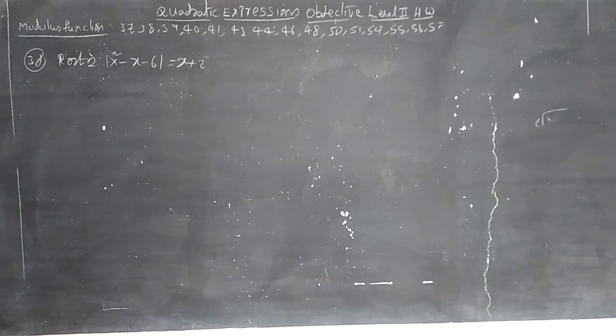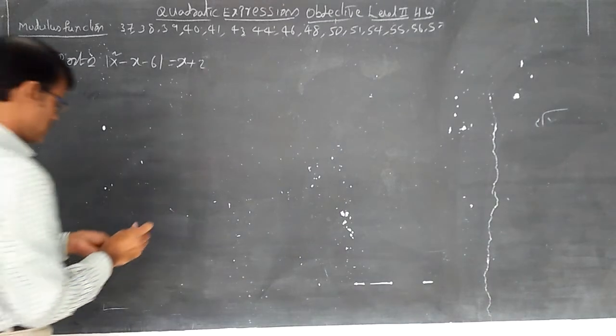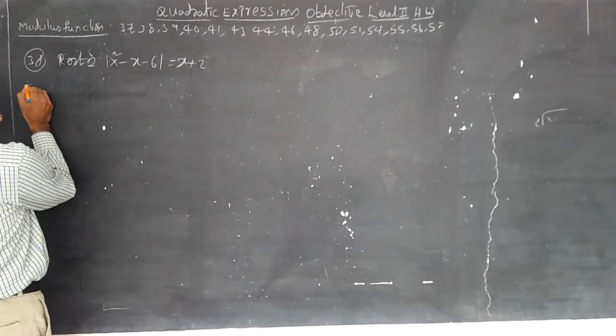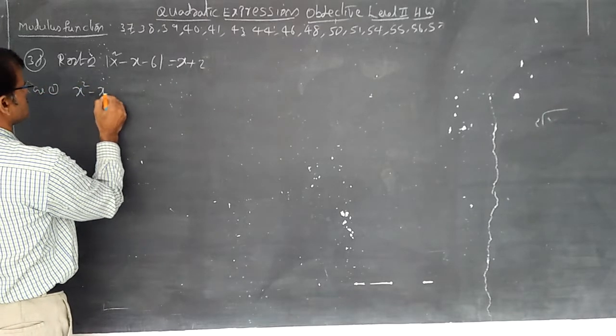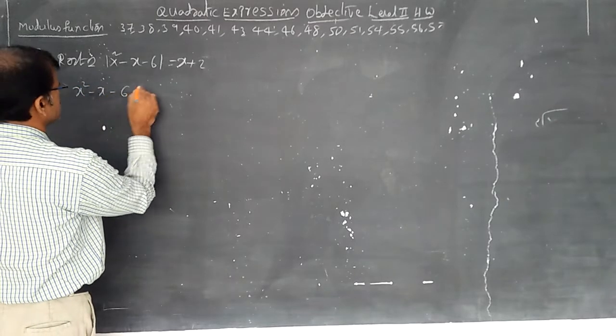So case 1 and case 2, both we should consider. Case 1: modulus of x square minus x minus 6 is positive.